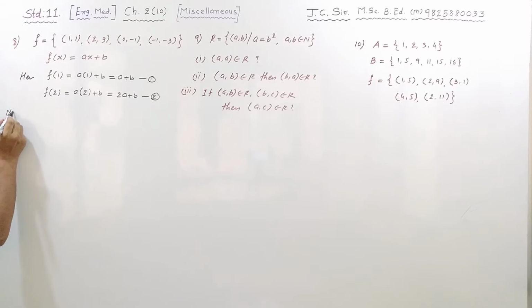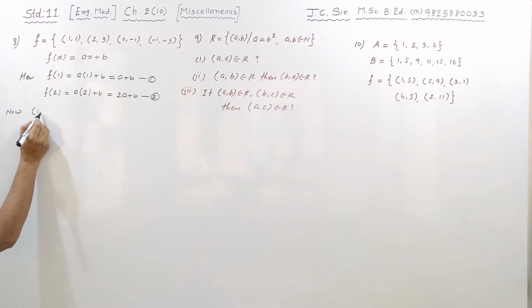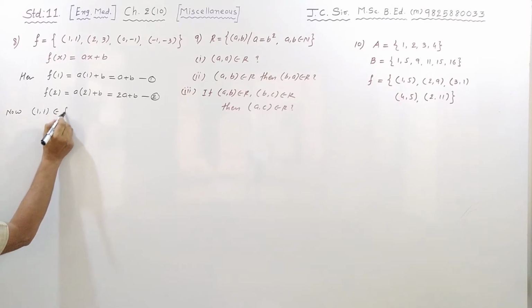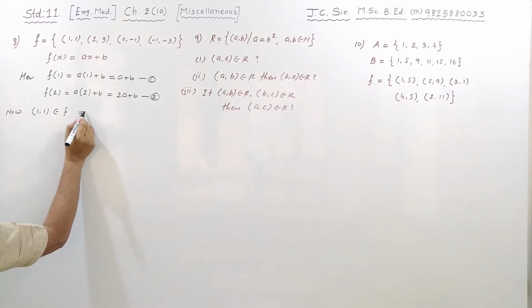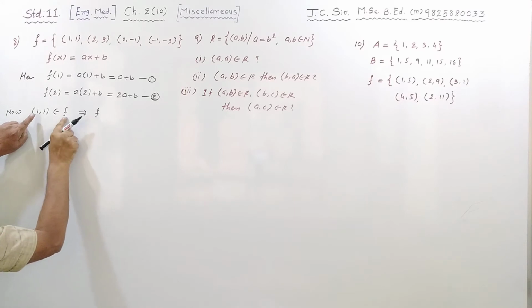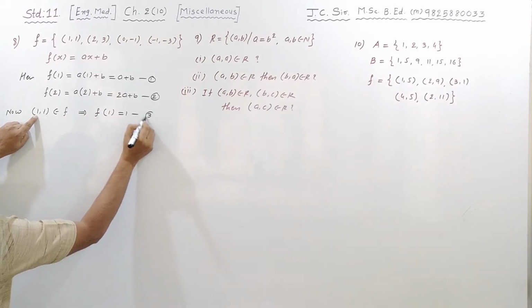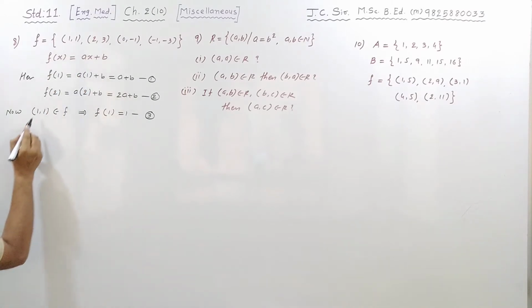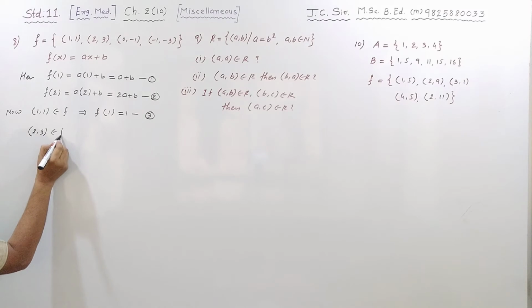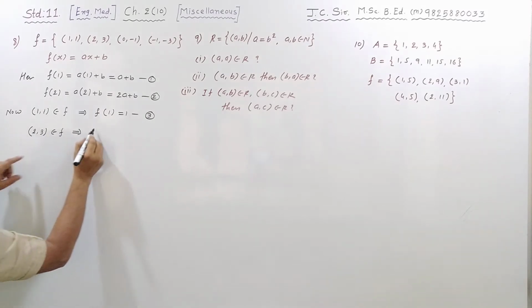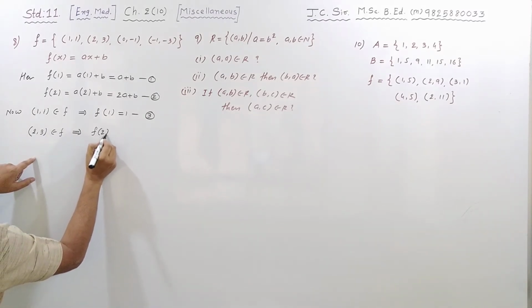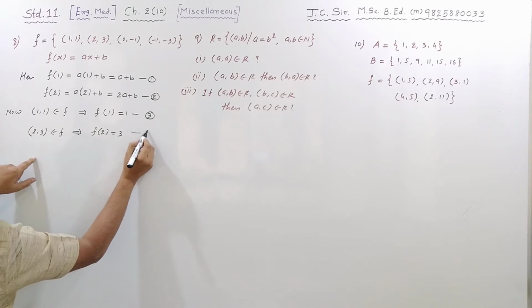Now see, (1,1) is an element of f. That implies we can write f(1) is 1, number 3. Similarly (2,3) is also an element of f. That implies we will say f(2) is 3, number 4.